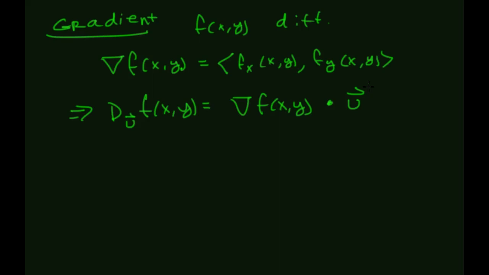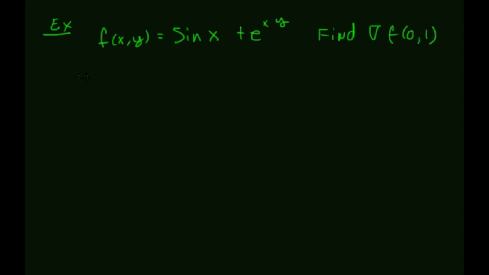So let's work with an example of this, and then we'll pull an important theorem. Let's say that f of x, y is sine of x plus e to the xy, and I want to find the gradient of f at the point 0, 1.